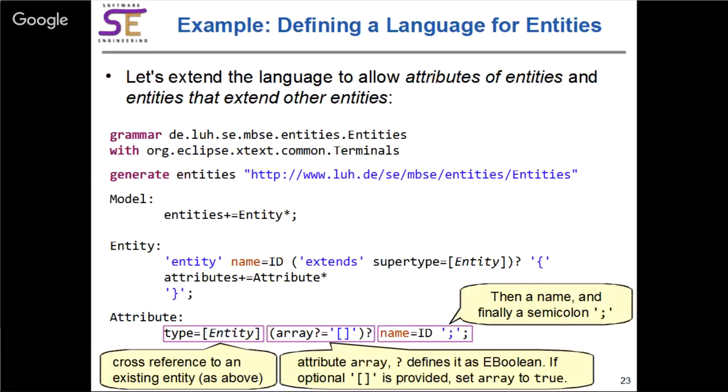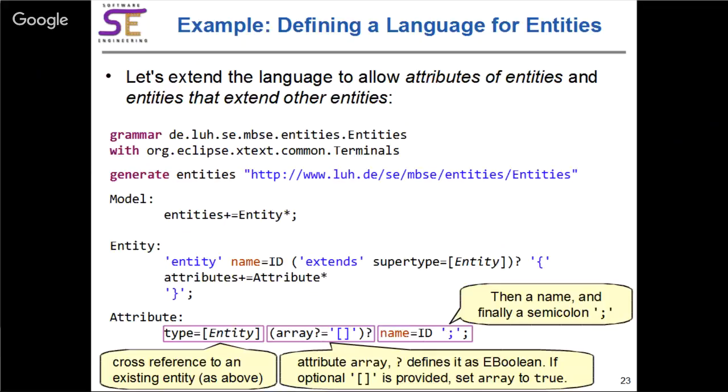And what is the cardinality for this reference? 1. So 0 to 1 or 1 to 1? 1 to 1 means each entity must have exactly one super type. So because we have this question... 1 to 0 or 1, there is no such thing. So it could be 0 to 1 or 1 to 1.